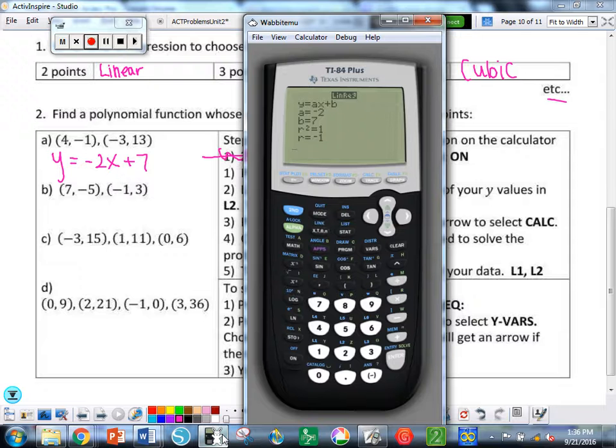Try that out. Calculate button. Go back to now.